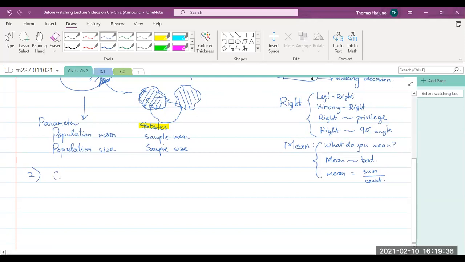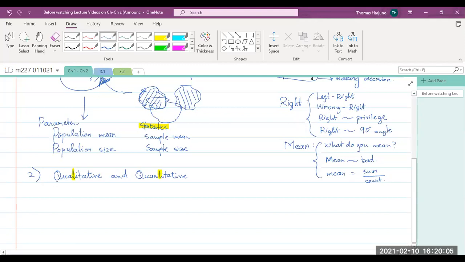the difference between qualitative and quantitative. So only one letter different, qualitative and quantitative.